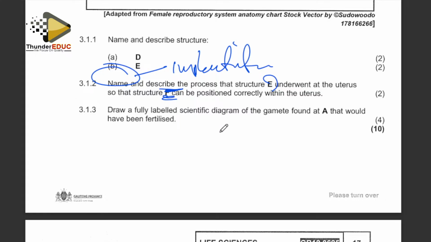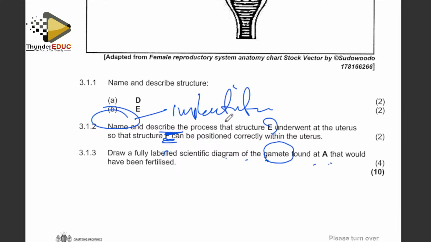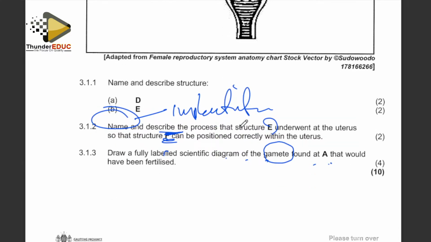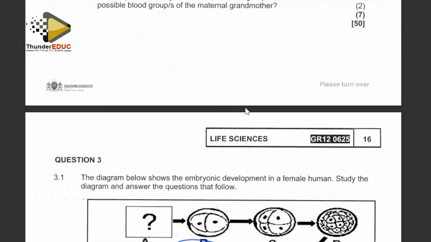Draw the full labeled scientific diagram of the gamete. This question, I hope, let me just say that it was not specific. However, because of this statement, they said that the diagram below shows the embryonic development in a female.